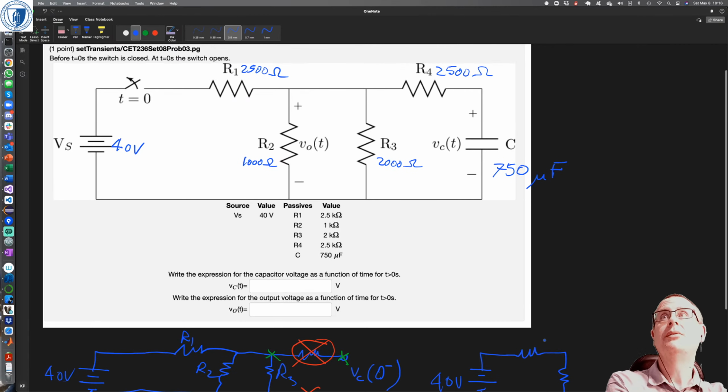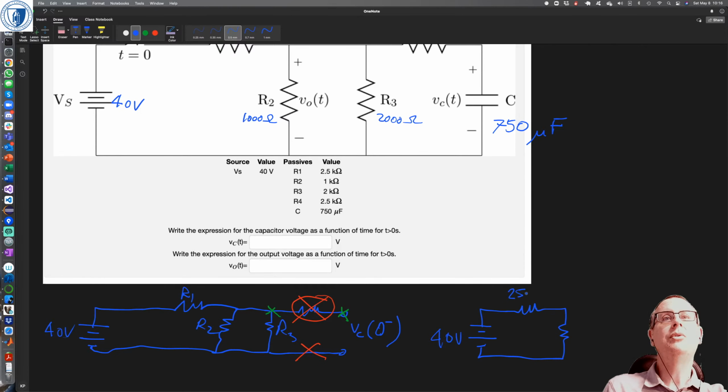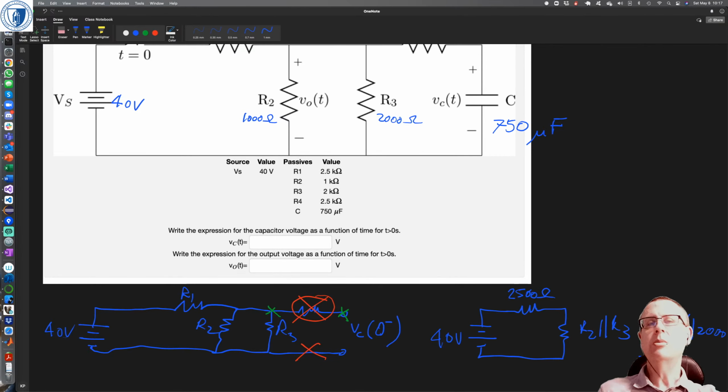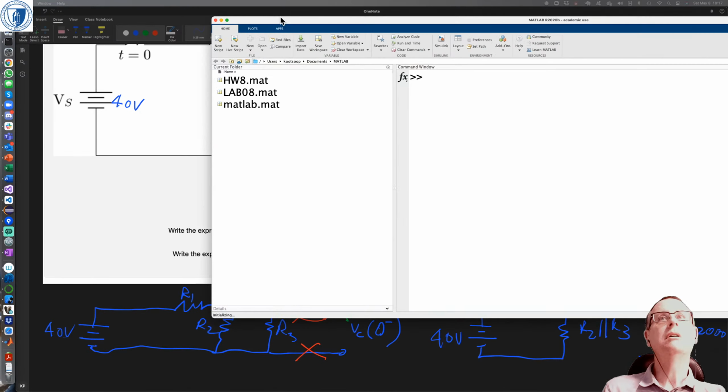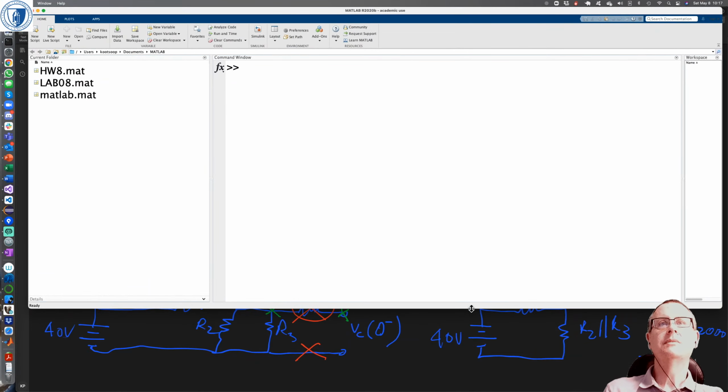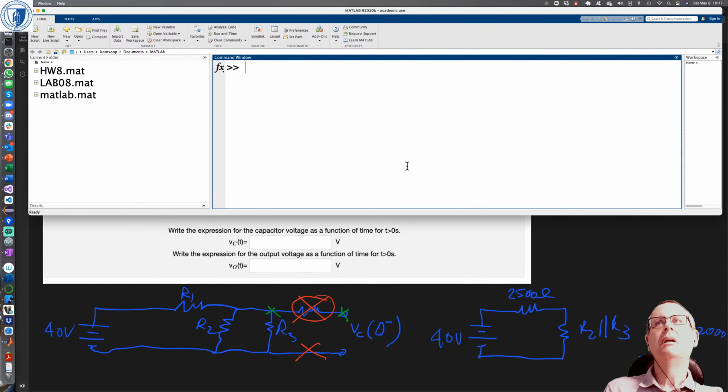That one up there is still 2,500 ohms. But this one is R2 in parallel with R3, which is 1,000 in parallel with 2,000, which equals, if I can figure out where MATLAB got to, there it is over there.